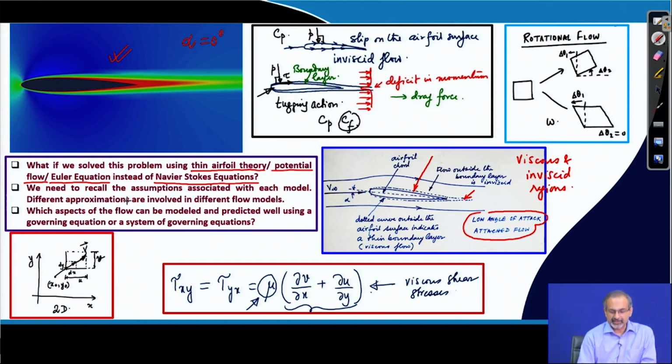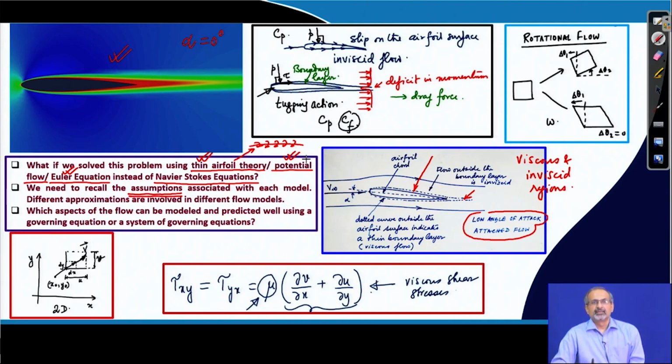We need to recall the assumptions associated with each one of these models. That means, what were the assumptions we made when we discussed thin airfoil theory, potential flow, Euler equation, etc. For example, in thin airfoil theory, you remember that we had talked about a vortex sheet, which we had distributed along the chord of the airfoil, and we said that the airfoil is so thin that even if it does have a camber, it kind of coincides with the chord line.